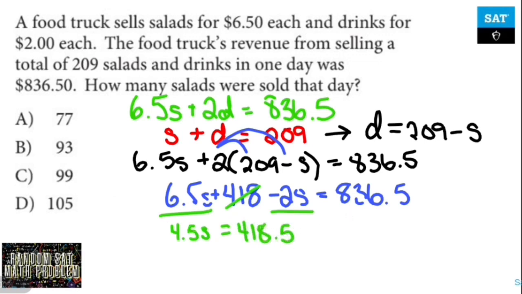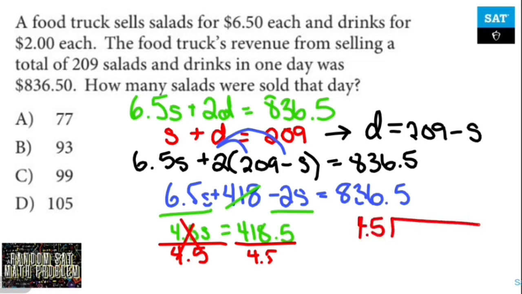So I have to get S all by itself. I do that by dividing both sides by 4.5. And if you're an estimator, then you already know what the answer is. But I'm actually just going to do the old traditional long division method, right? Which looks like that. So I'm going to go with 93 on this one.